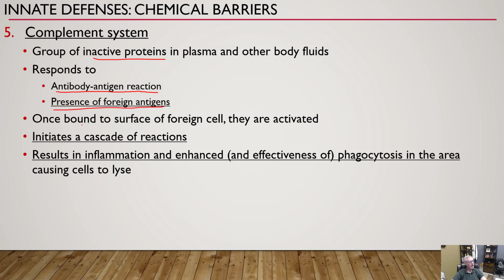And once it's bound to the surface of that foreign cell, these inactive proteins are now going to be activated. It's going to initiate a cascade of reactions, which we're not going to cover in this class.